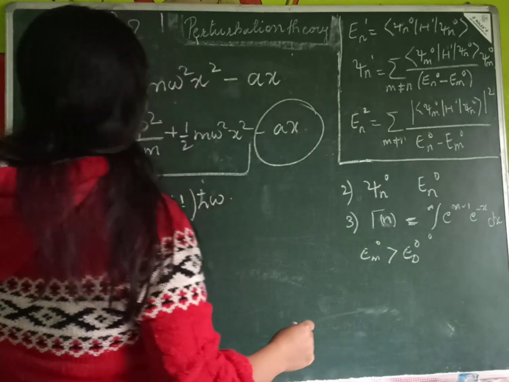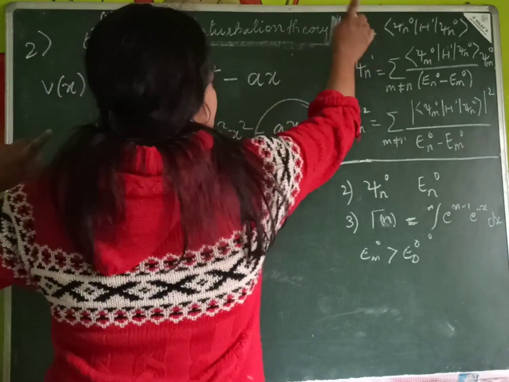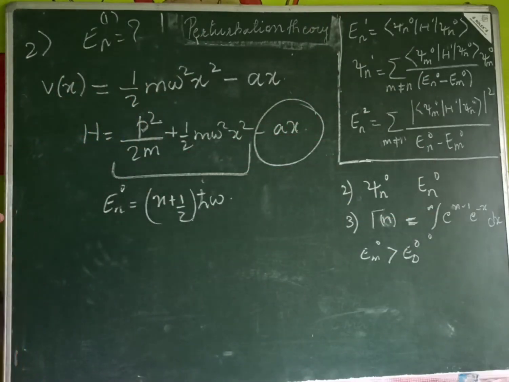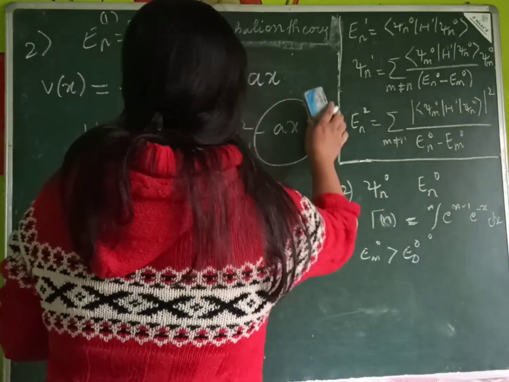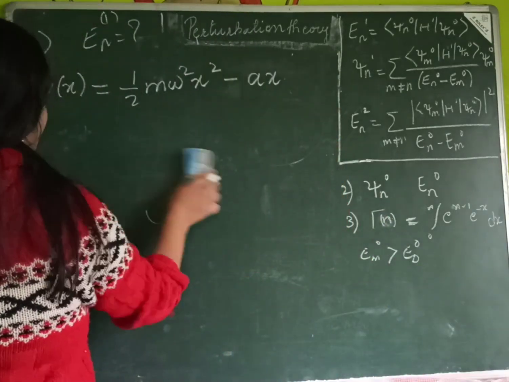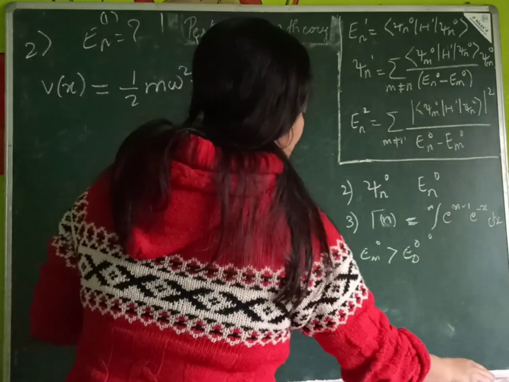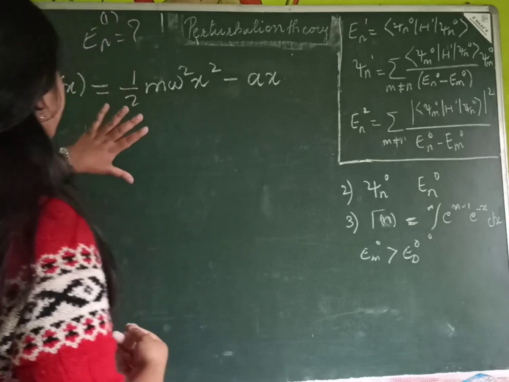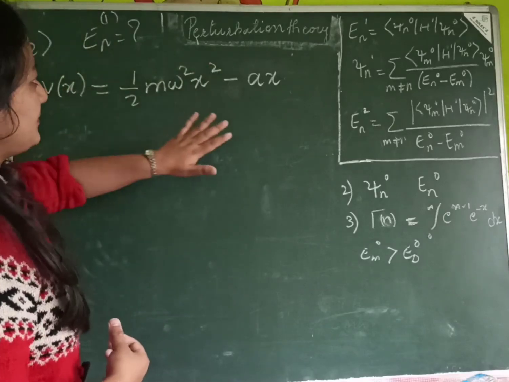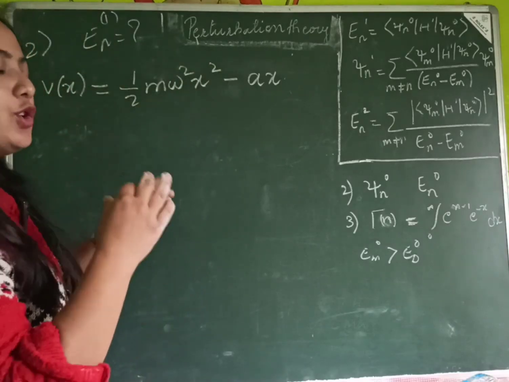To find that, I can use this. But from the first part, I know that if I have some constant potential, then the final energy is either raised or lowered. So I will try to include that concept over here.